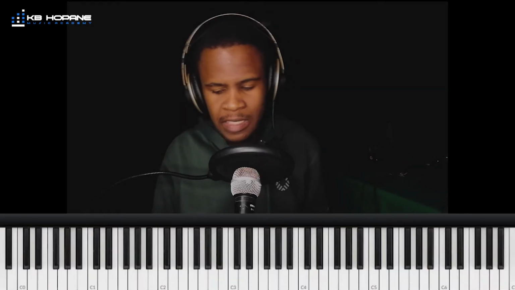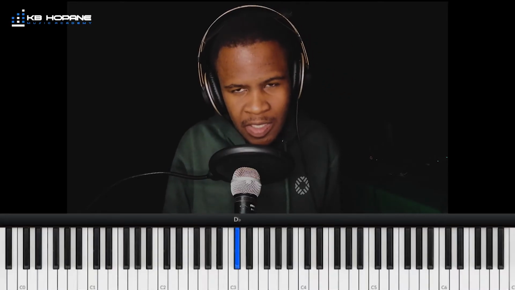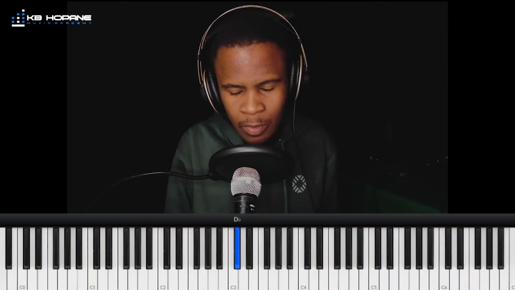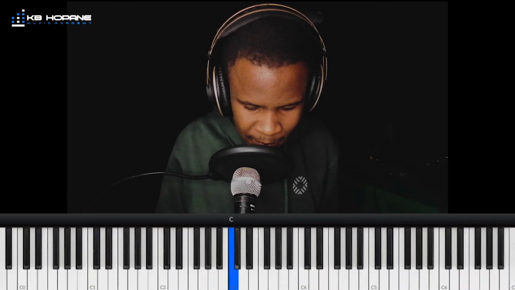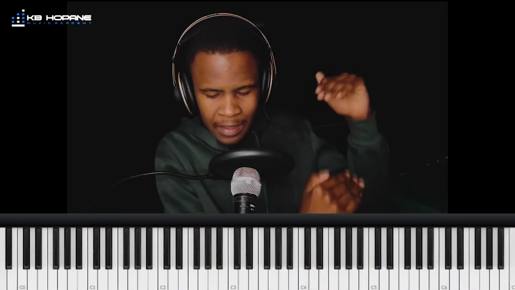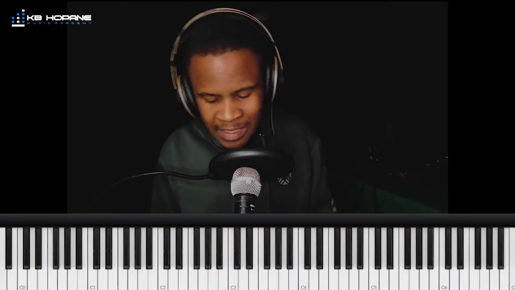Okay, let me give you another example. This note is known as a C sharp. What does that mean? It means that this note is higher than the note C. So if this is C and this is C sharp, you can tell that the pitch shifted. It went higher. The same note can be called a D flat.